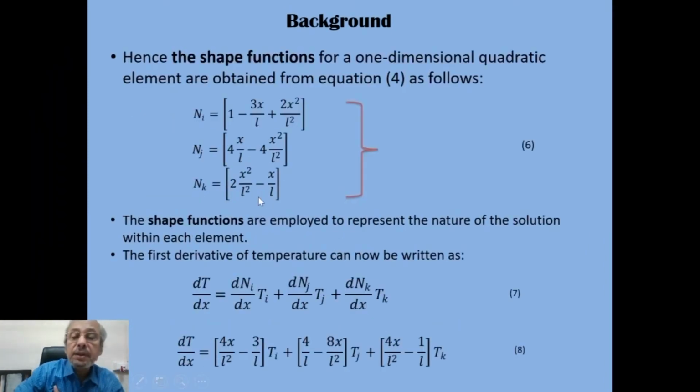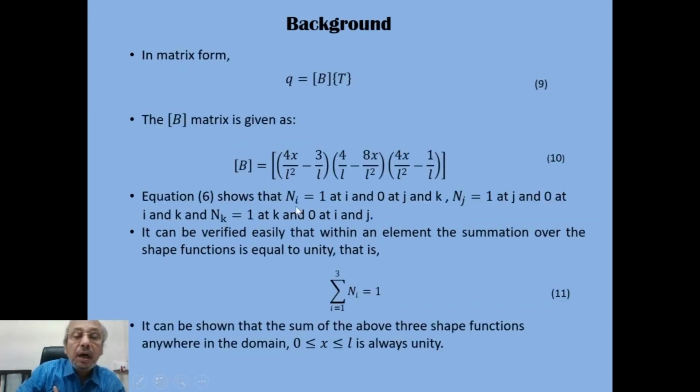Major conclusions, as we can say from equation 6: Number 1, Ni is 1 at i and 0 at j and k. Nj is 1 at j and 0 at i and k. Nk is 1 at k and 0 at i and j.